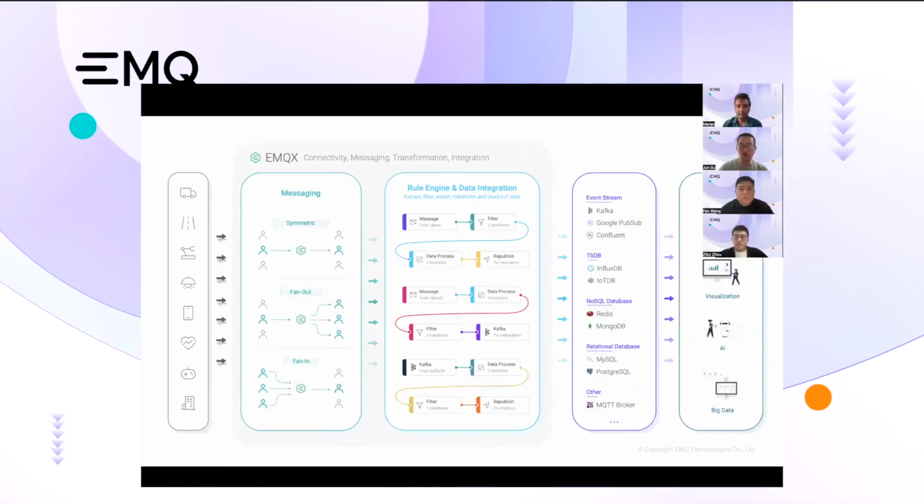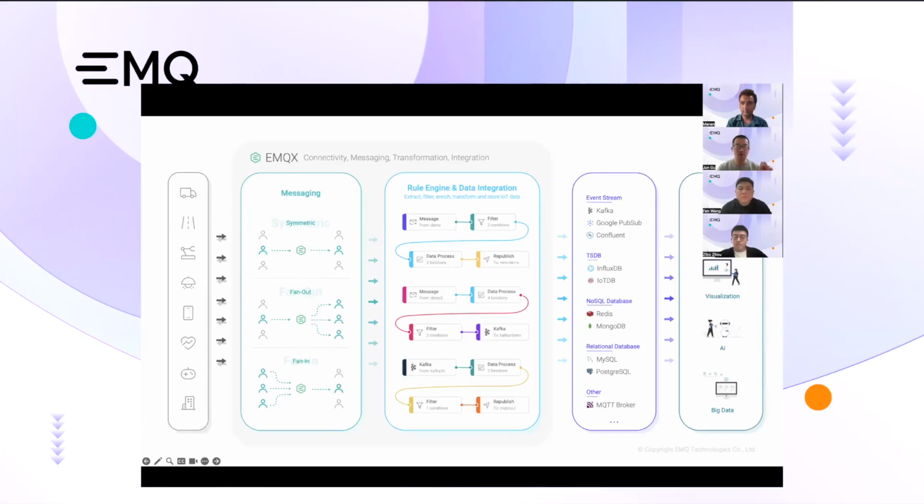So in real world scenarios, we can see here on the left side all different kinds of devices we're trying to connect to the backend service. And then EMQX helps with the connectivity and the messaging, and not only that, we also do message data transformation. We have a built-in rule engine to help users do basic manipulation on those message data. And then we have data integration plugins. Most data integration plugins in EMQX are in the EMQX Enterprise Edition.